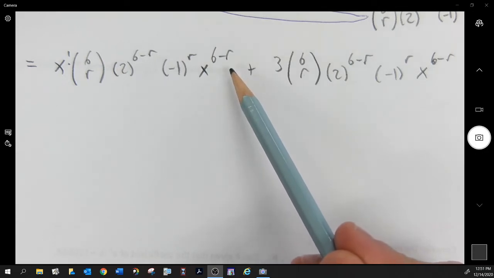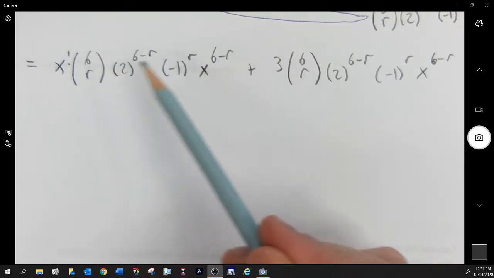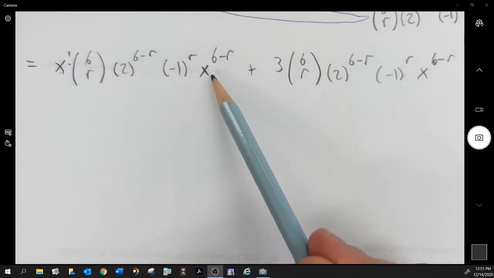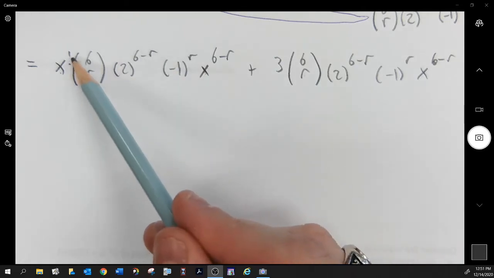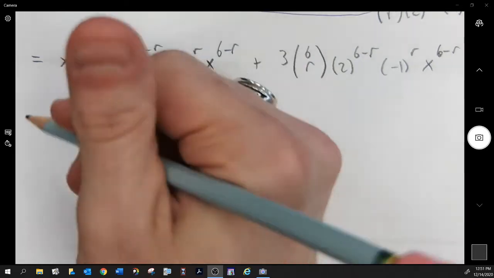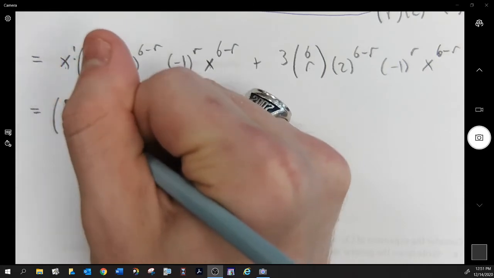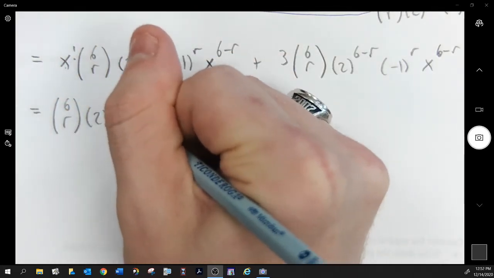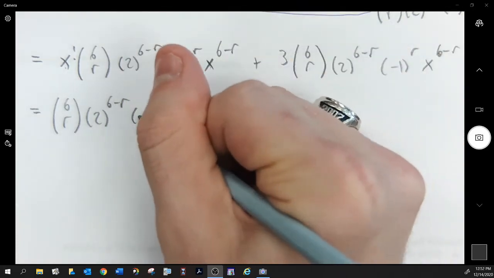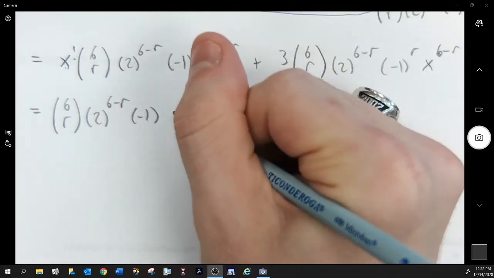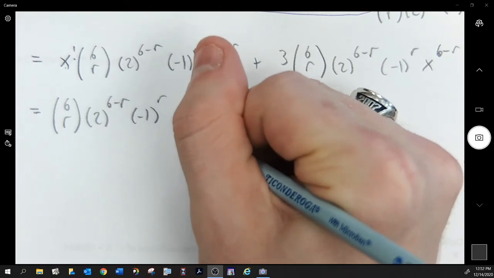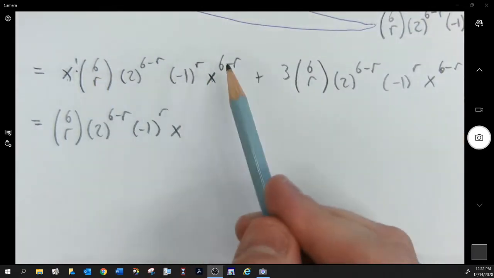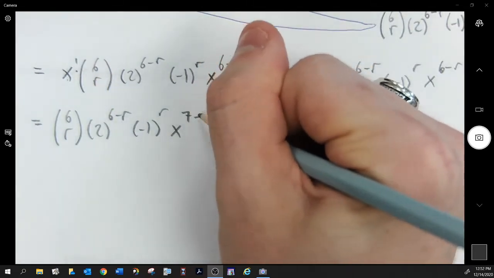If I move it back here, I'm multiplying two numbers with the same base, so I'd be adding those exponents: x to the 1 plus 6 minus r. So this is going to condense slightly to 6 choose r, 2 to the 6 minus r, negative 1 to the r times x to the 1 plus 6, 7 minus r.